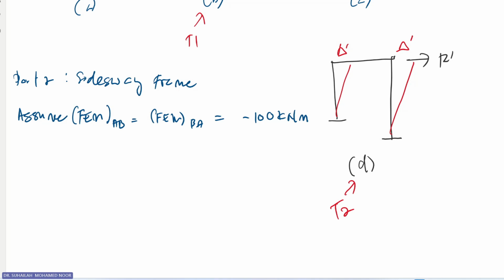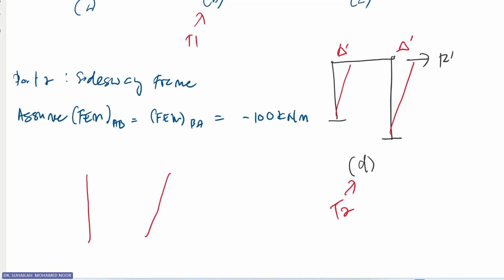But the most important thing here is the sign that we use, because the sign for FEM represents the side sway behavior. Before side sway, the original column is vertical.